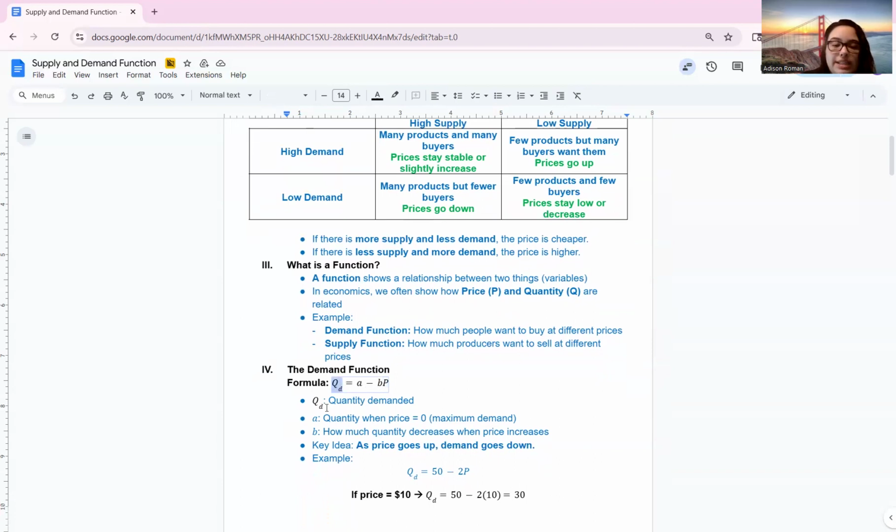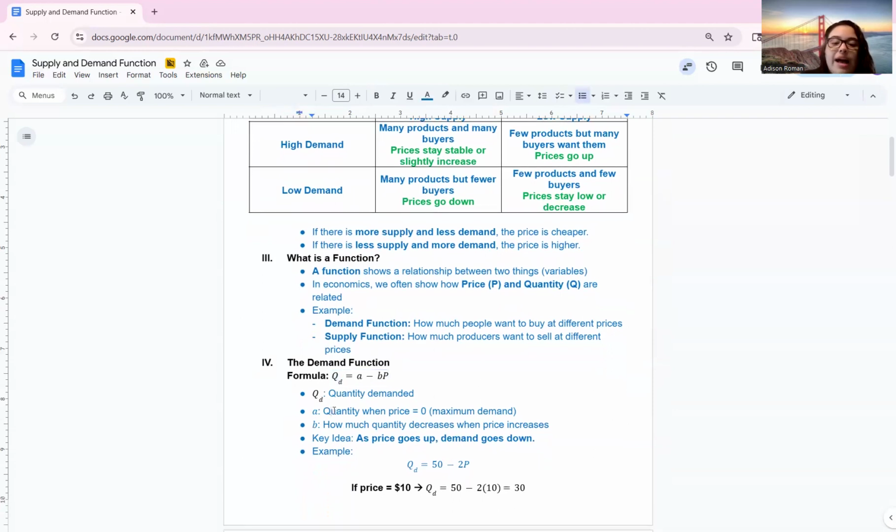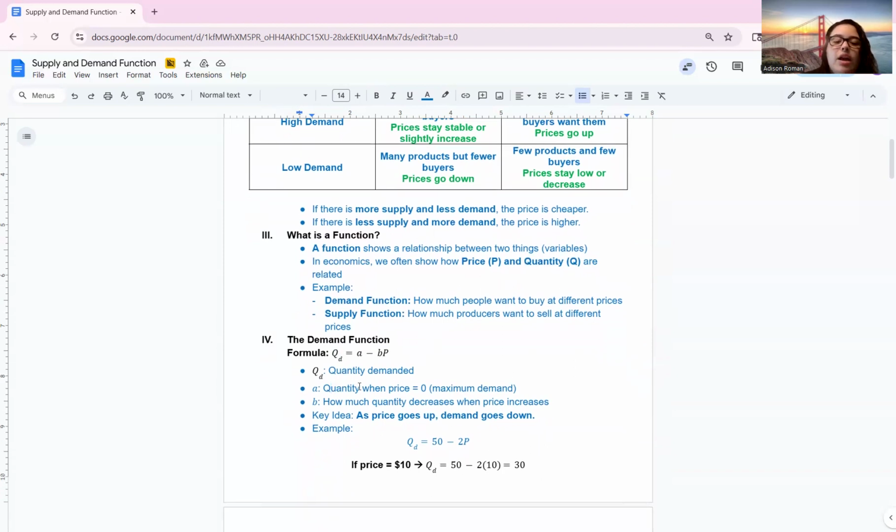So in this case, the demand function, our quantity is going to be the quantity demanded. Our A value is going to be the quantity when price is equal to 0. So if our P were to equal 0, what is our quantity? And then finally, our B is how much quantity is decreasing when price increases. So that is going to be the rate of change.